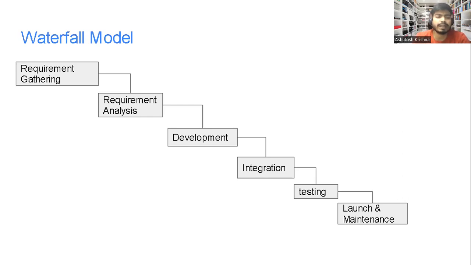In this phase, the customer comes to the company, and the business analyst collects all the requirements from the customer or the client. After that, the requirement is analyzed by the team which will work on it.